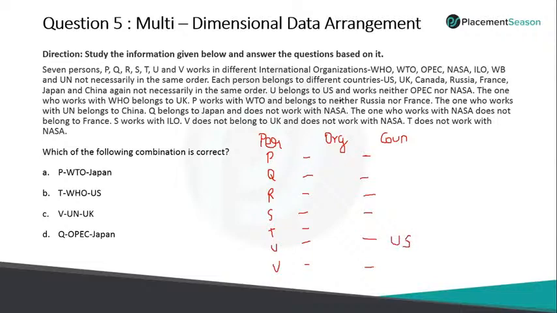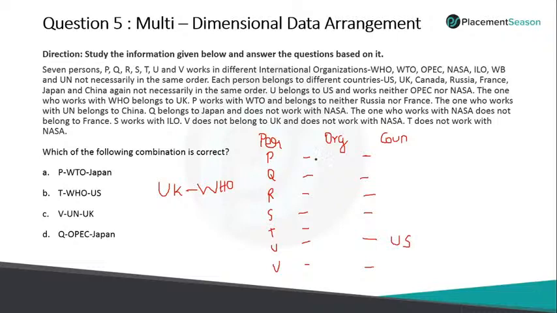And U works for neither OPEC nor NASA, which means I cannot fill OPEC or NASA here. The one who works with WHO belongs to UK, so we'll write UK means WHO, which is definitely given.